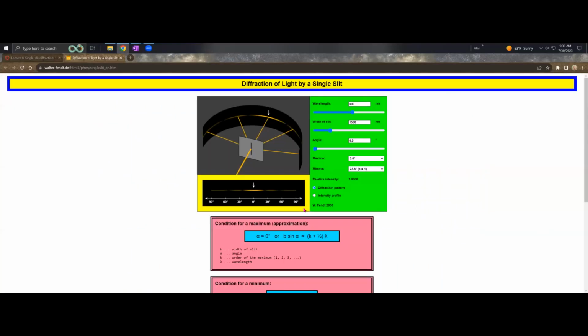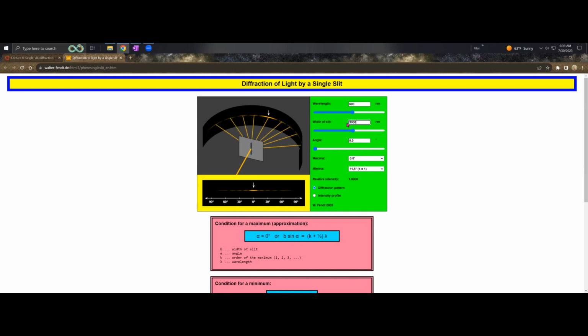So here's the applet. What I have to do here is, when you're looking at it, we are looking at two values where we set the wavelength to 600, and then we set the slit width to 3000. So let me go set this to 3000.